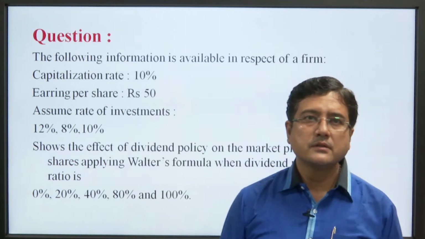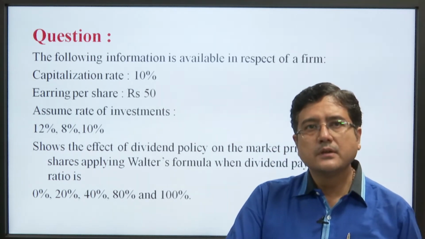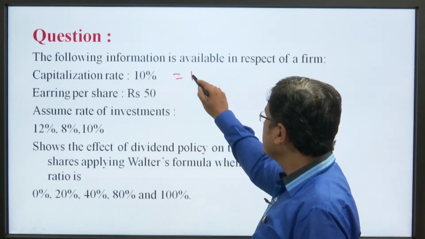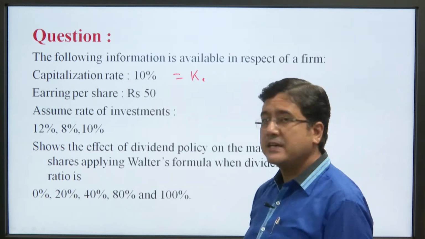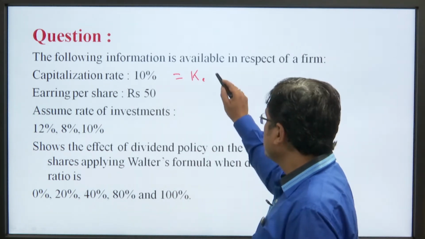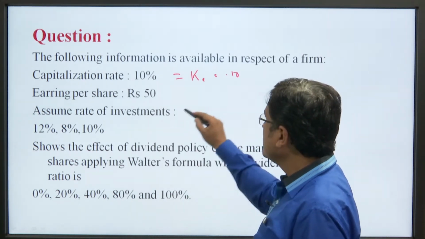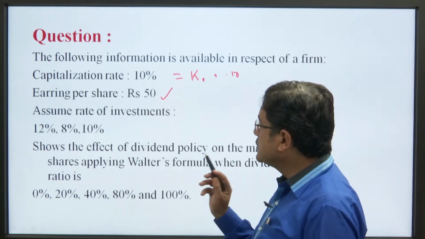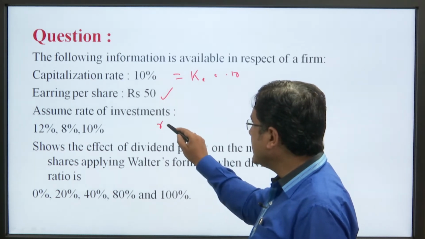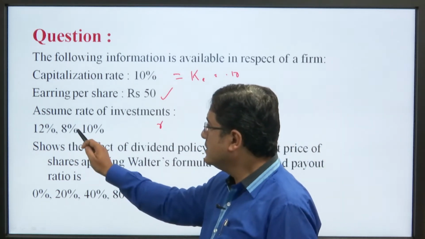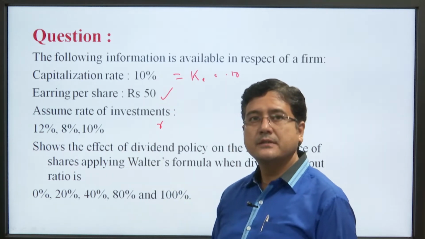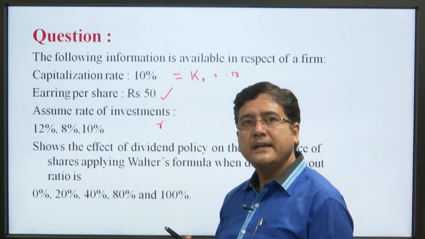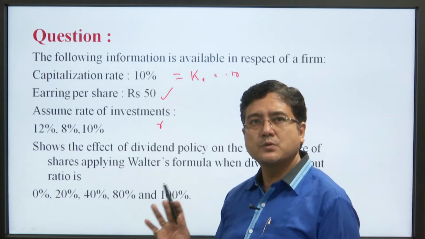Here a question: rate of capitalization K is 10%, that is 0.10, earning per share 50 is given here, assumed rate of investment R varies 12%, 8% and 10%. These are the 3 cases where R is greater than K, R is less than K or R is equal to K.